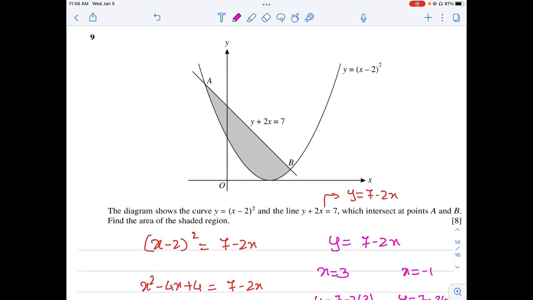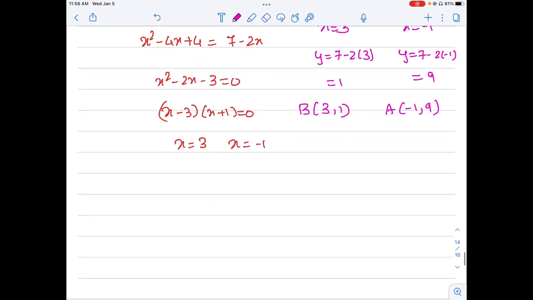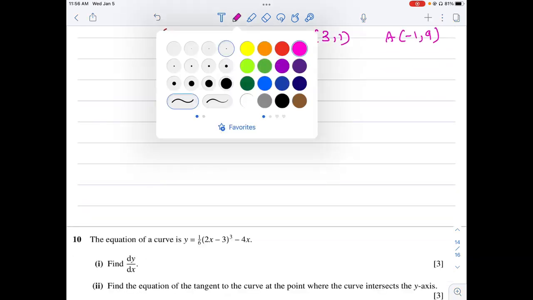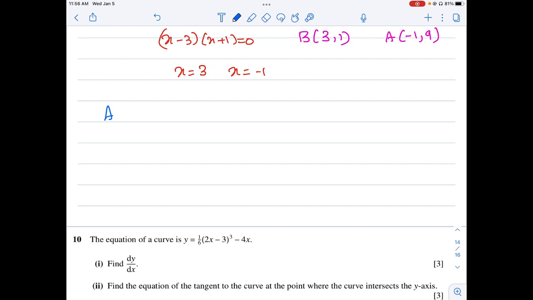So the line was y is equal to 2x plus 7. So I am going to find the area under the line. So it will be integral y dx from the points minus 1 to 3. So the line will be integral of (7 plus 2x) dx.